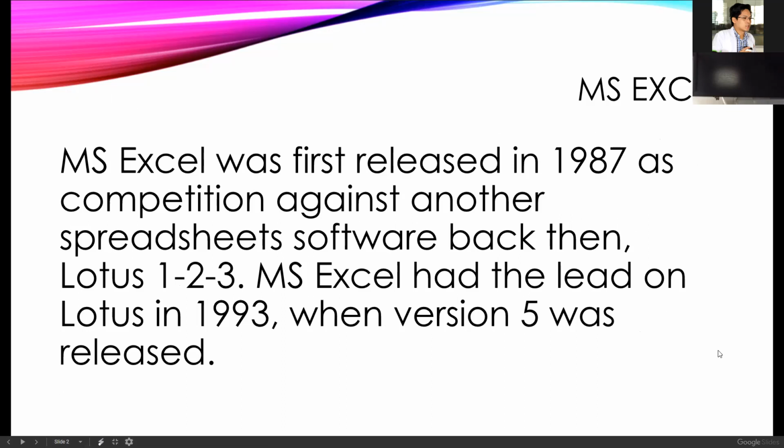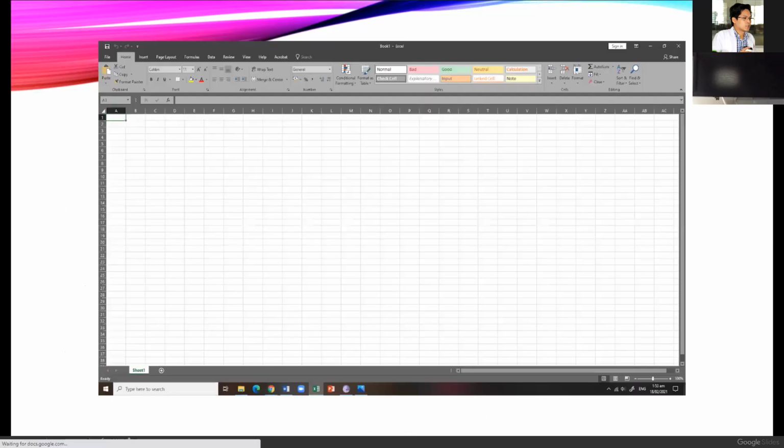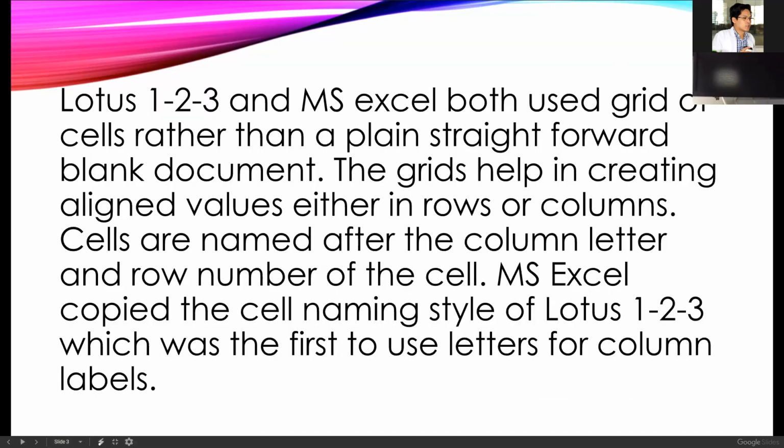Again, the competitor of MS Excel before was Lotus 123. It is a calculating device. Lotus 123 and MS Excel both use a grid of cells rather than a plain, straightforward blank document. The grids help in creating aligned values in either rows or columns.